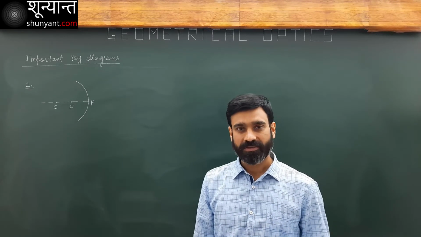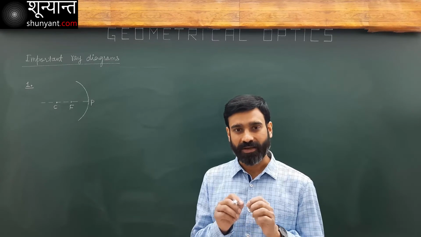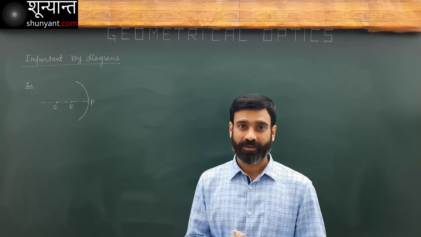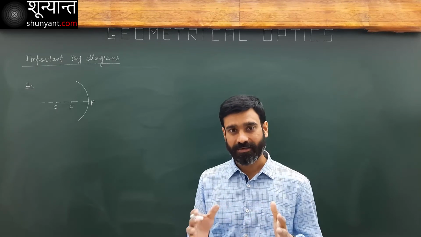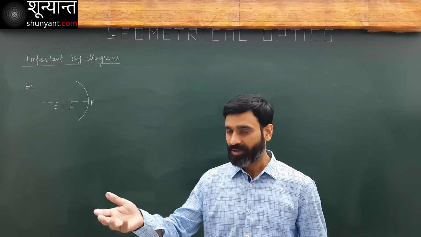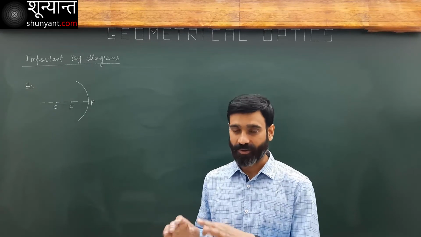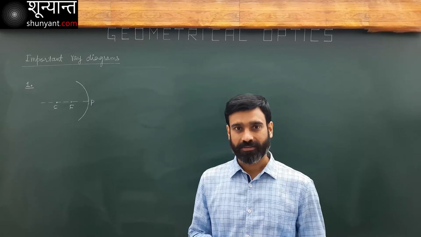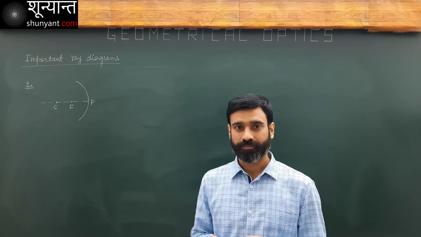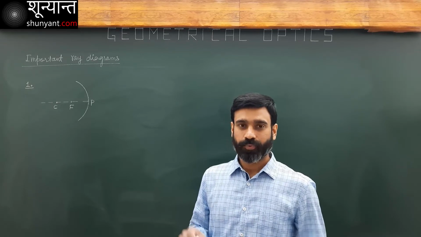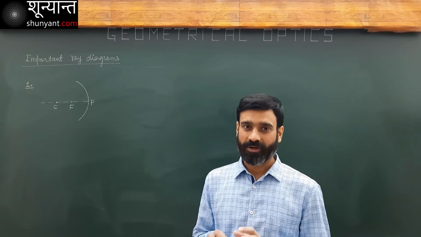In our syllabus, we have to study paraxial rays only, unless it is explicitly stated otherwise, or from the problem you find that this is certainly not a paraxial situation. Except those cases, everything we are going to do will be for paraxial rays only. Focus is defined only for paraxial rays.